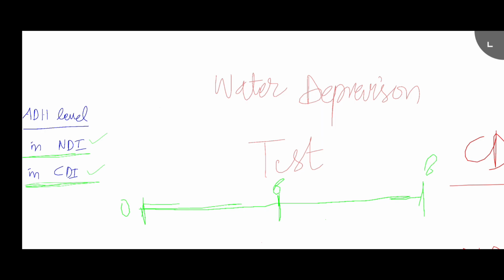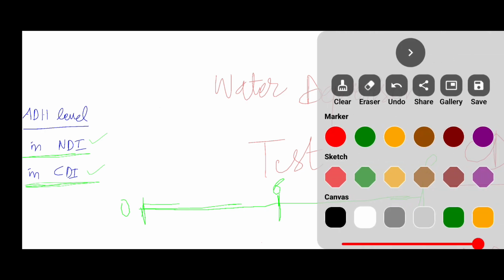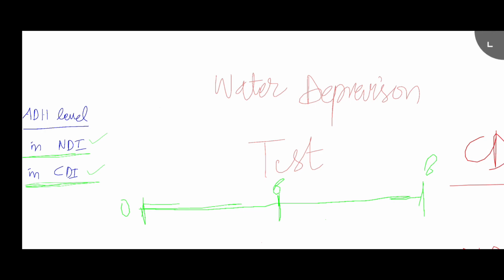So what happens is that a patient is deprived of any kind of fluid for 8 hours, and after the 8 hours, the urine osmolality is measured. What happens after fluid deprivation in a normal person? If you are not taking any fluid for 8 hours, the urine should be concentrated.